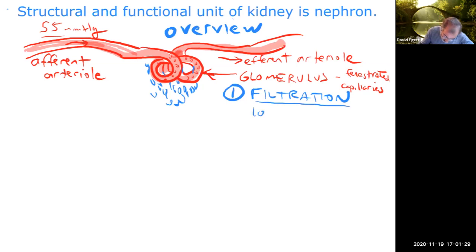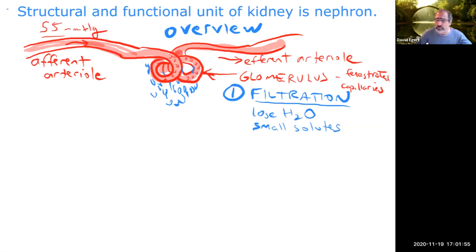So we lose water and also small solutes. Big things like plasma proteins and cells don't go out. But little things, anything less than about 3 microns, get to leave.